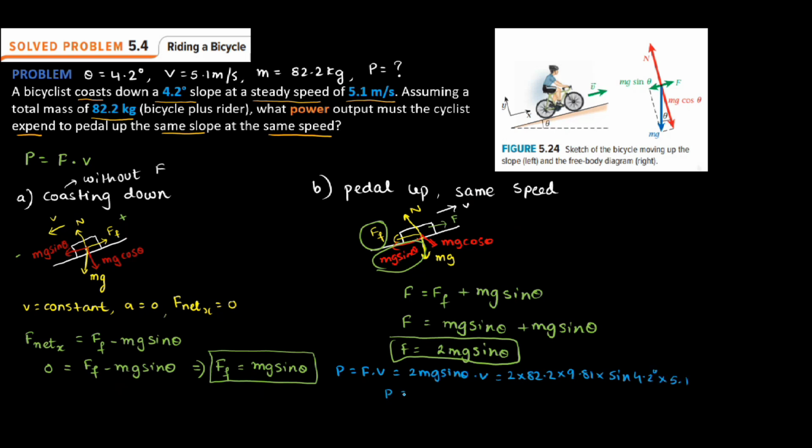And when you solve this, you get the value of your power as 602.39 watts. You can also write this power in kilowatts by dividing this number by 1000, and then you get the power as 0.6 kilowatts.